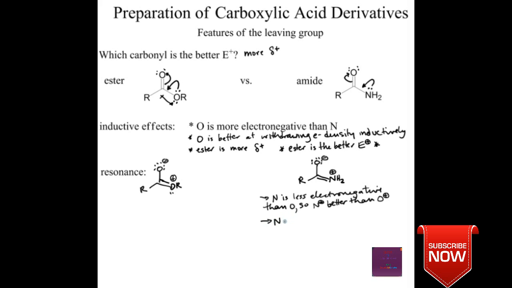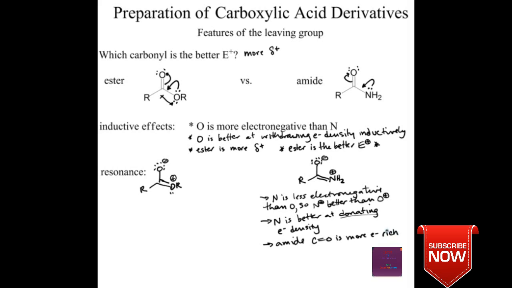That means that nitrogen is better at donating its electron density, because that's what's happening in this resonance. The lone pair from nitrogen is going into the carbonyl. That's a donation. That's adding electron density. So what is the effect on the amide carbonyl? It's more electron rich.